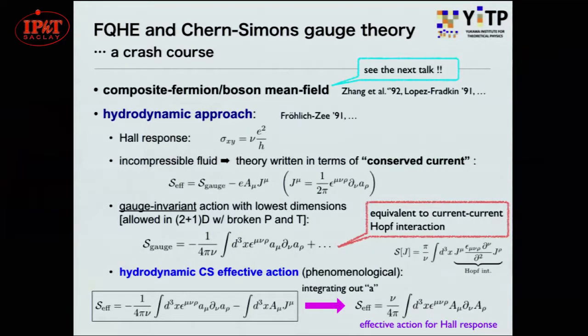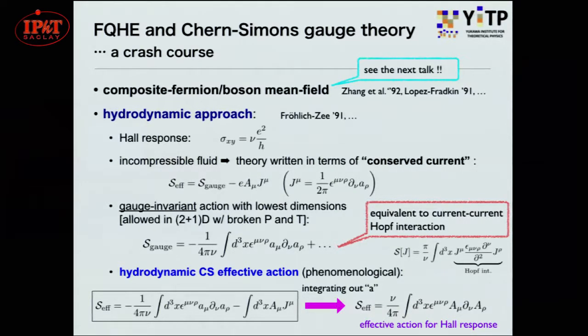And also, we know the fractional quantum Hall state is an incompressible state of matter. So the effective theory, at least the low energy, long wavelength effective theory, is written only in terms of the conserved current this way. If you solve the conservation of the current, we can get this expression. Namely, we can solve the conservation constraint by using the one-form gauge field here, A sub mu.